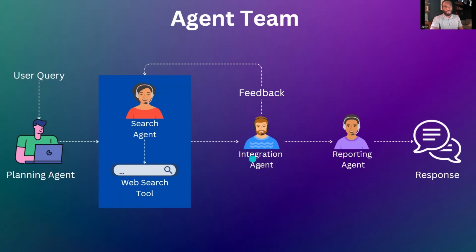So the integration agent provides feedback to the search agent, and hopefully the search agent goes back and refines its search and then returns it back to the integration agent. All the integration agent is really doing, other than providing feedback, is organizing that information. I have also told it to organize the information alongside the sources too, because that's going to be really important to understand the source of the information. So that's the job of the integration agent.